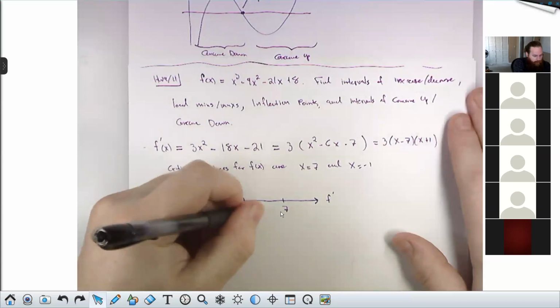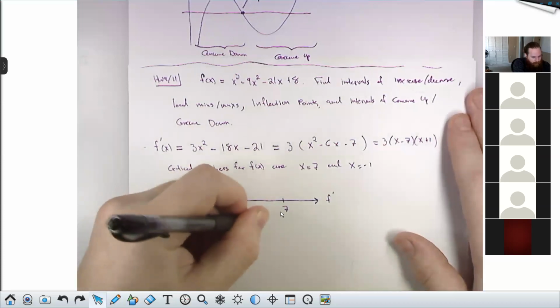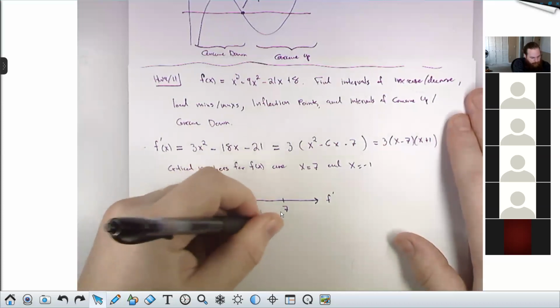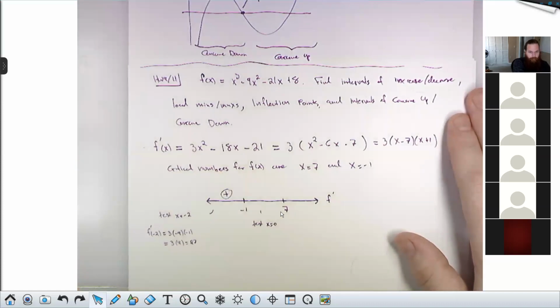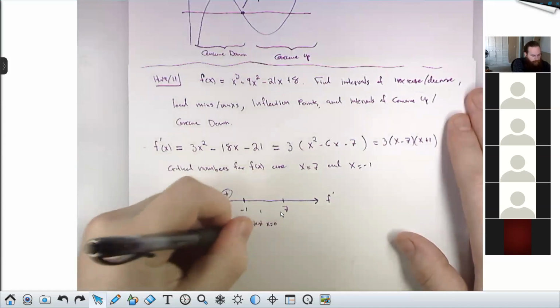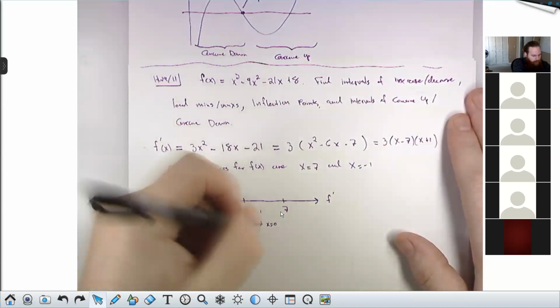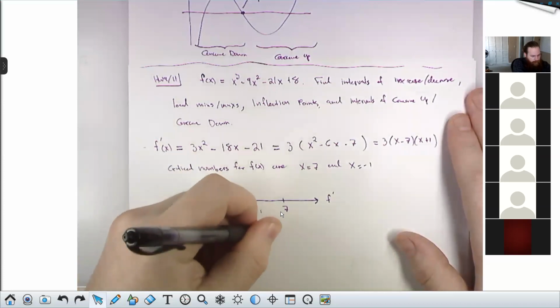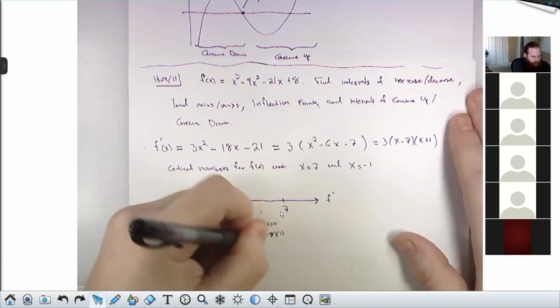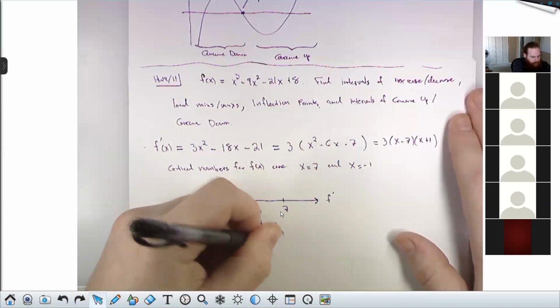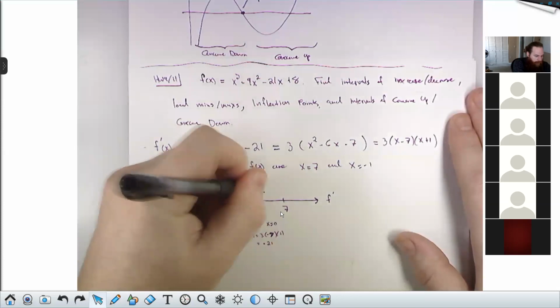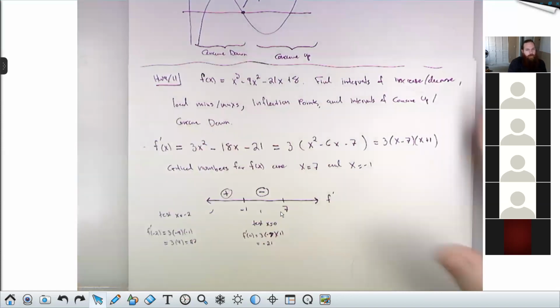In this middle region, I could test x equals 0. f prime of 0 is 3 times -7 times +1, which is -21. So f prime is negative everywhere in that region.